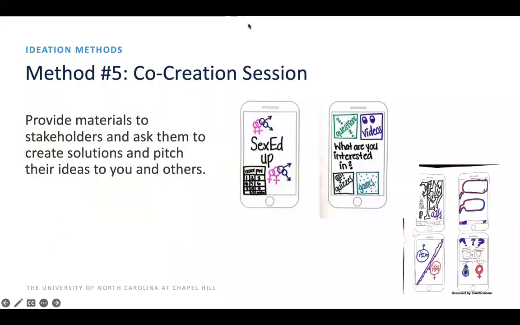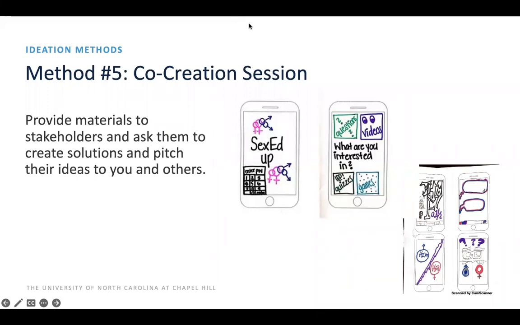And naturally, after whittling it down some through convergent thinking methods, another great method to consider is a co-creation session where you provide materials to stakeholders and ask them to create solutions and then pitch their ideas to you and others. And so it's twofold.